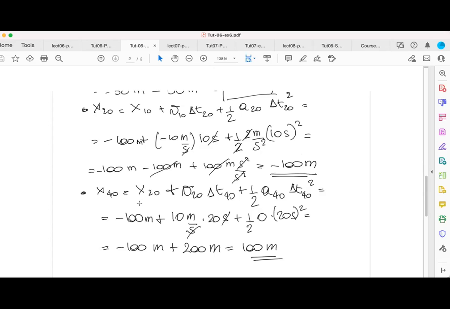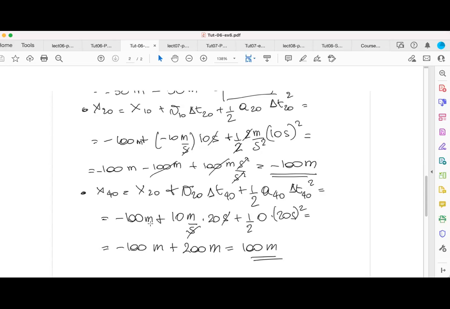The position at 40, we just repeat the exact same thing as we said before. This time, the initial position is going to be the one that we just calculated, x20. The velocity is going to be the velocity between 20 and 40. Delta t is going to be the time between 20 and 40, which is 20 seconds, plus 1/2 the acceleration between 20 and 40, multiplied by, again, this 20 seconds to the square.